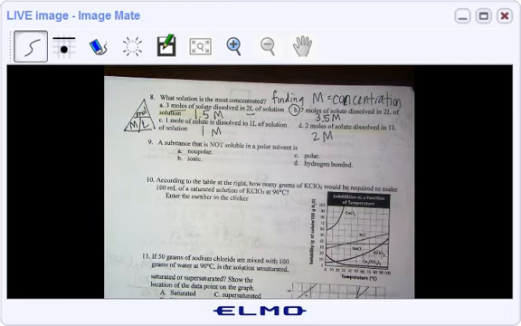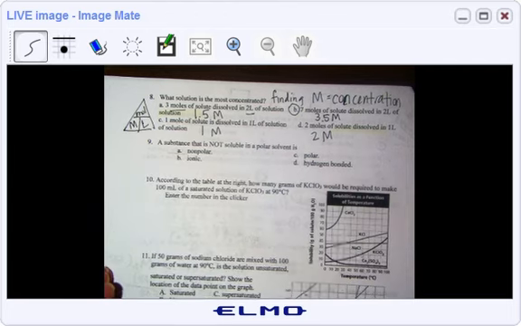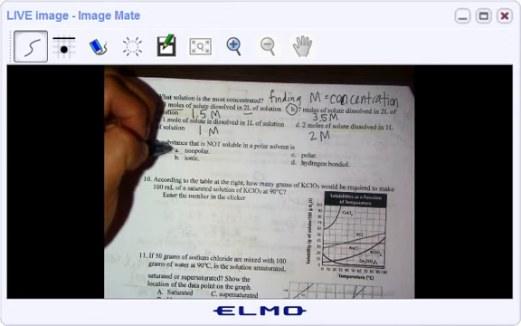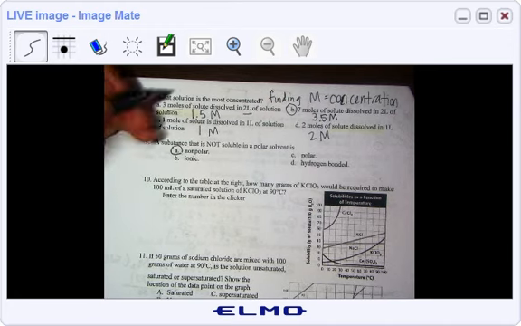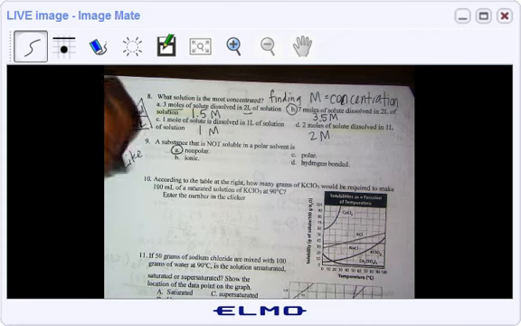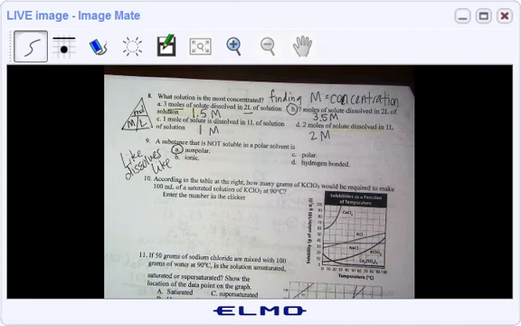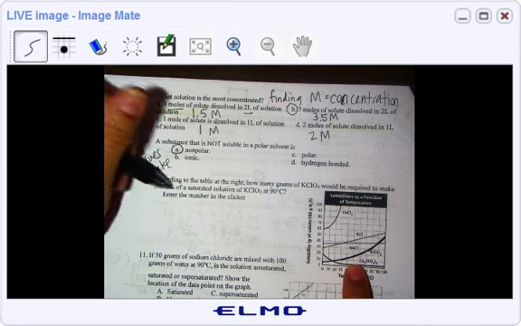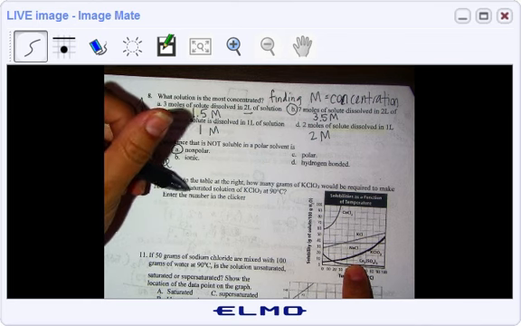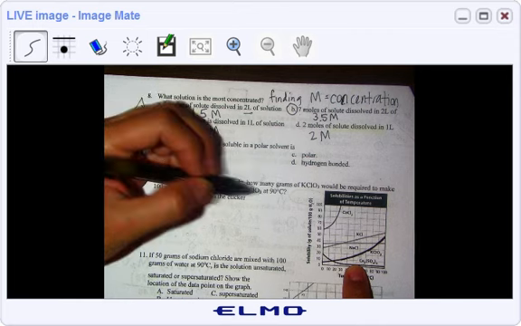Number 9, a substance that's not soluble in a polar solvent is nonpolar. According to the table at the right, how many grams of KClO3 would be required to make 100 milliliters of saturated solution of KClO3 at 90 degrees?